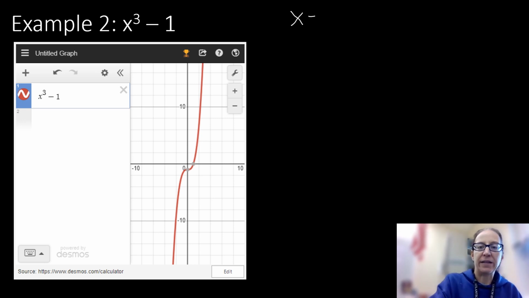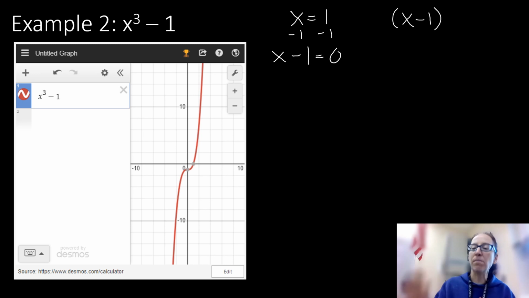Now, x equals 1 is the 0 that we can see. I'm going to subtract 1 from both sides to get x minus 1 equals 0, and that tells me that x minus 1 is one of the factors. So that solution of x equals 1 came from a factor of x minus 1.